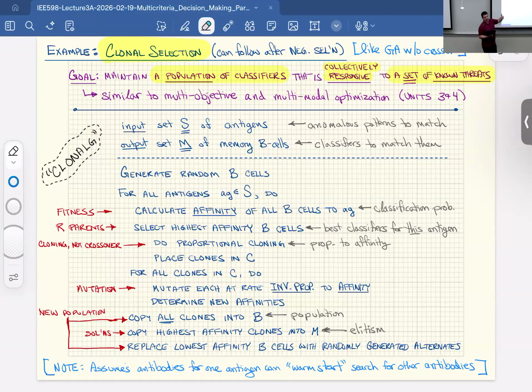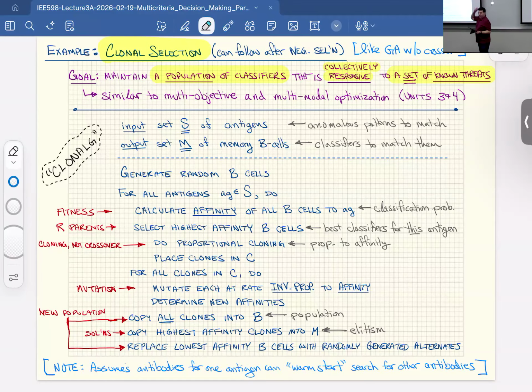So it's actually maybe better, once you've learned a set of B cells that work for one antigen, that they might be better off than a totally random set for the next antigen. That means it goes back to the population, picks M cells, copies those M cells off, and then the rest go on. And those who had low affinity to the last antigen might have high affinity to the next antigen.